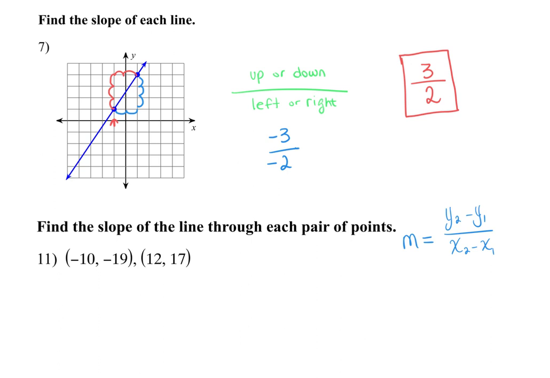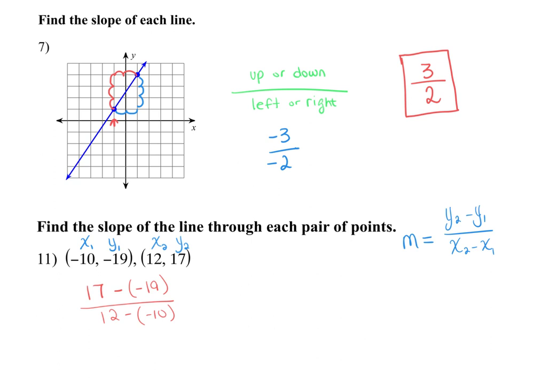By that I mean, if I label this one x1, I have to label this one y1. And if I label this group 2, both of them have to be 2. All right. And then I'm just going to plug it in and solve. Y2, in this case, it's 17, minus y1, that is -19. Over x2, that's 12, minus x1, that's -10.